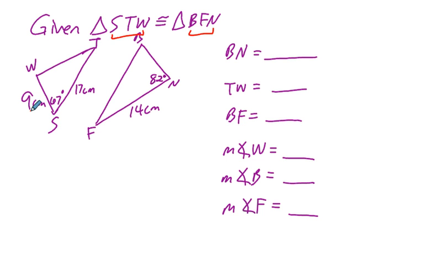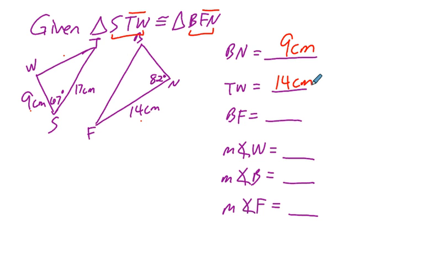So that means BN has to be 9 centimeters. Okay? TW. If I look here, TW is my second and third. Has to match FN. Well, I know that FN is 14. So that means TW has to be 14 centimeters.